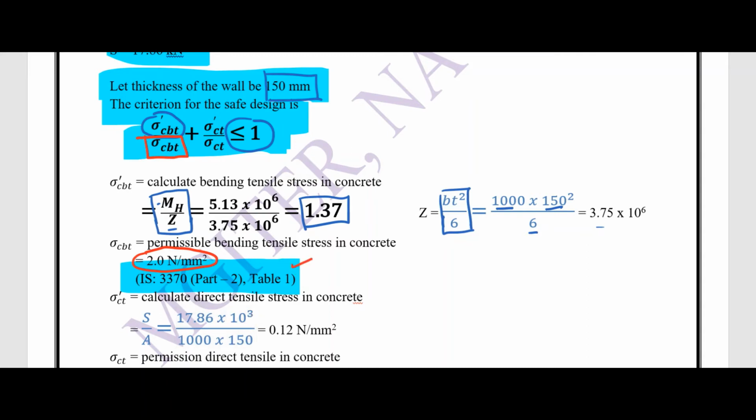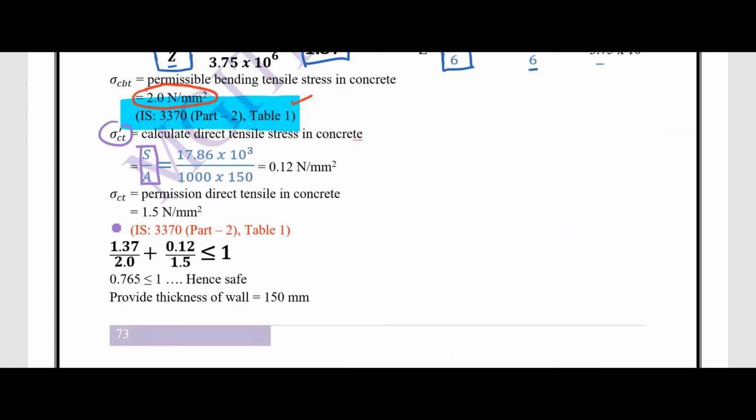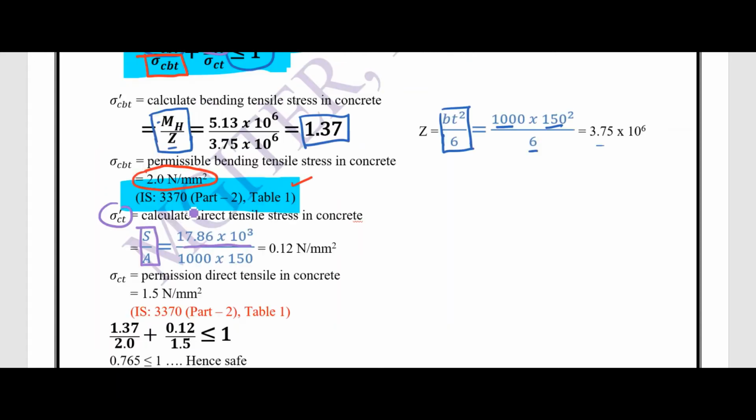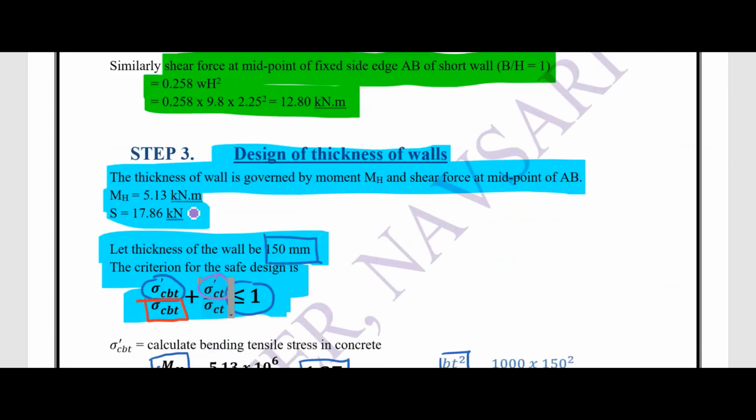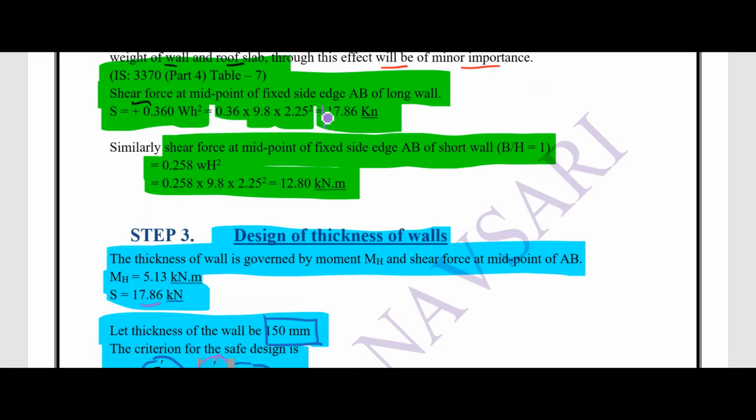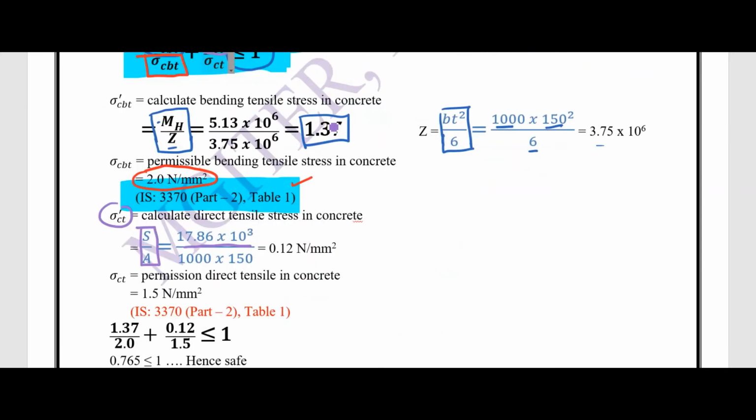Now we have sigma dash CT. For sigma dash CT, we have the equation S by A. S means shear force, 17.86, divided by area, 1000 into thickness. So 0.12. Last one is sigma CT.